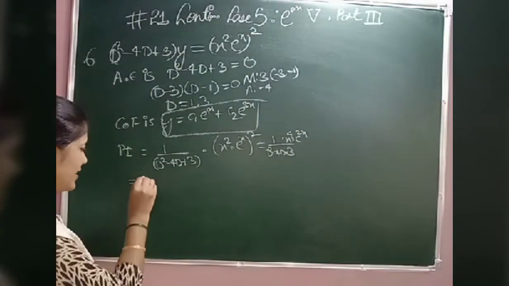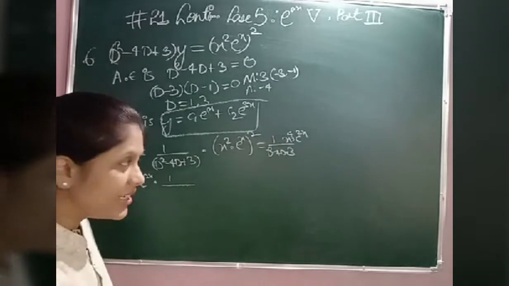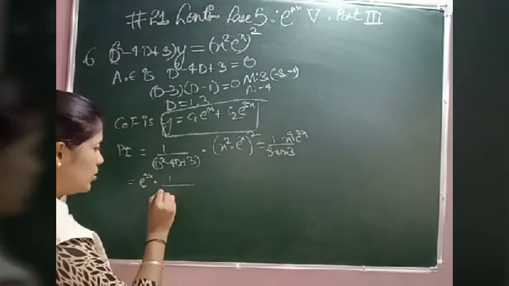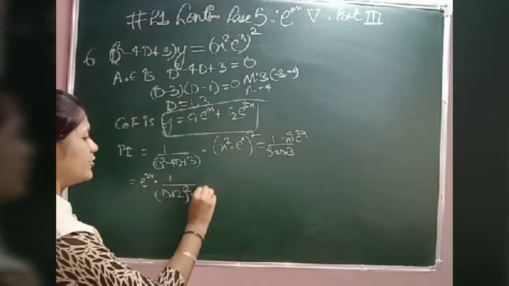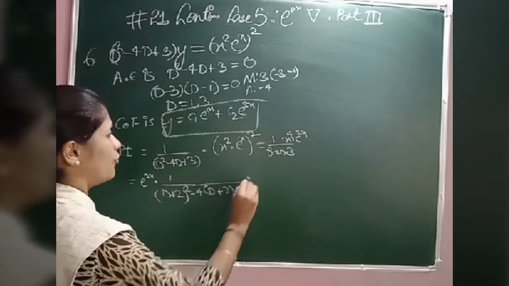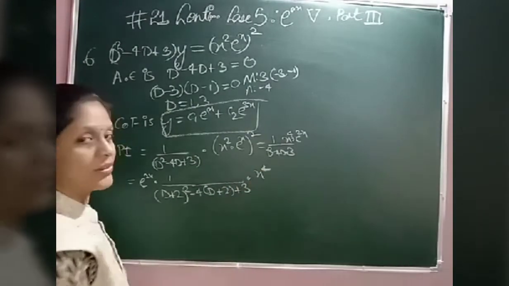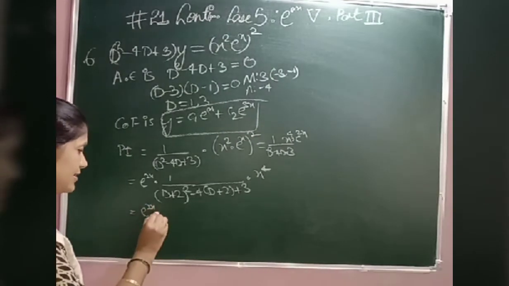So e raised to x into v form can be written as e raised to 2x as it is, and wherever D is there, D plus 2. So (D plus 2) whole square minus 4(D plus 2) plus 3 of x raised to 4. Let us solve for this. e raised to 2x as it is.